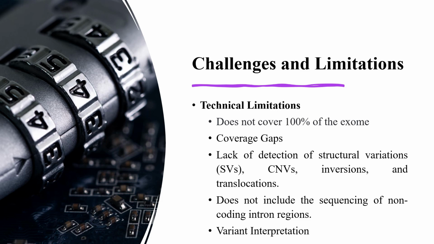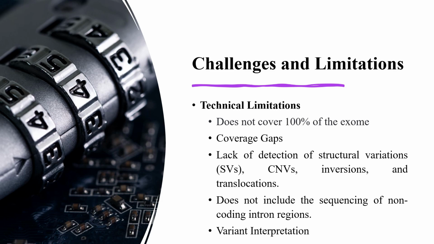And because this does not include the sequencing of non-coding regions, there are certain diseases which are diagnosed by capturing the mutations in the intronic as well as the exonic regions.